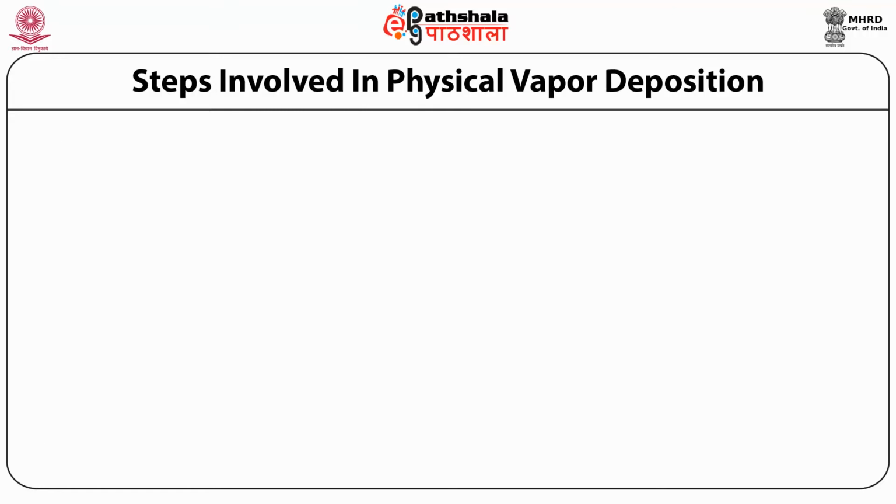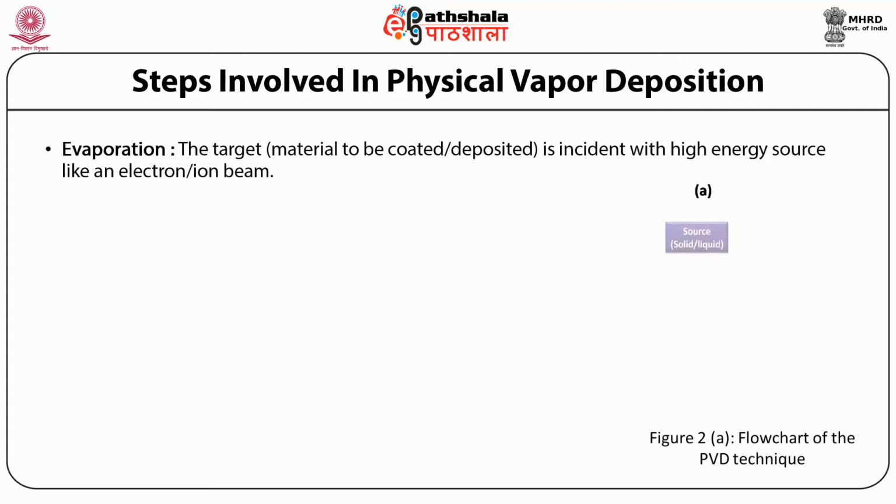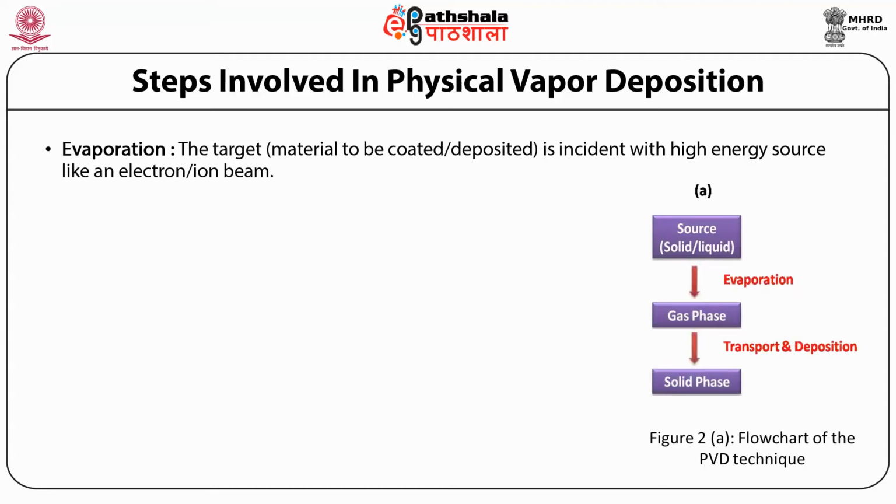Now, discussing the various steps in the physical vapor deposition route, the first and foremost is the evaporation. We can see in the flow chart, the first one is the evaporation. The target, or the material to be coated or deposited, is incident with a high energy source like an electron or ion beam.